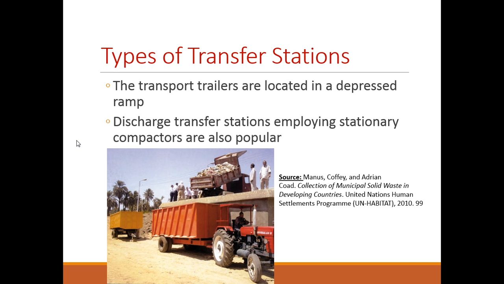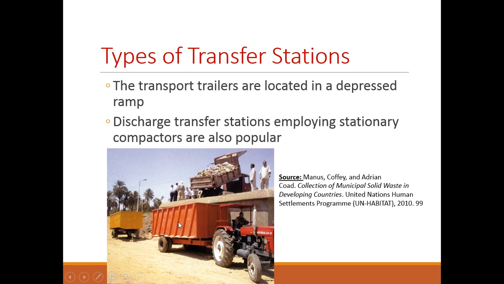Here I have a photo that actually illustrates for you how it's done. So the transport trailers are located in a depression. That's the trailer here. Notice this container is much larger than the collection truck that is on the level above. So what happens is the trucks would have access to the higher level, and they will come, and notice the hoist truck system like what we have seen before, and it would be emptied directly into this container.